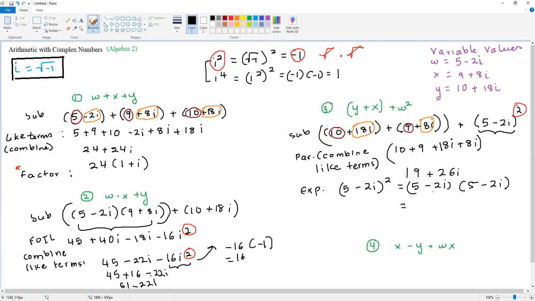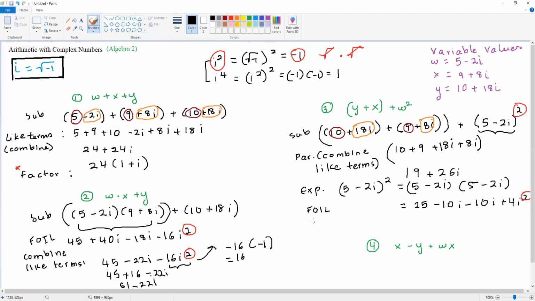And FOIL, just foiling it, would give you 25. And then the next term would be 10i. This term would also be negative 10i. Forgot to mention that. And these terms again, this would be negative 2i times negative 2i, which would give us positive 4i squared. Again, I'm going to circle my square really quick. Covered it up, but that's okay.